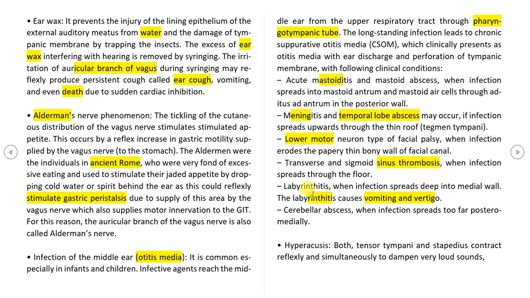It can result in vertigo, tinnitus, and sensory neural deafness. This is the classical triad of symptoms: again, vertigo, tinnitus, and sensory neural deafness. In worst cases, if it is spreading behind, it is mastoiditis. If it is spreading in the brain, then temporal lobe abscess or even cerebellar abscess.